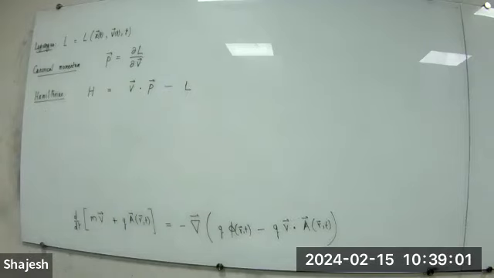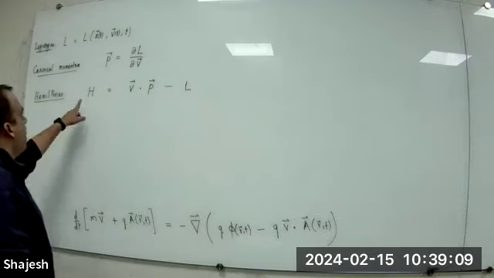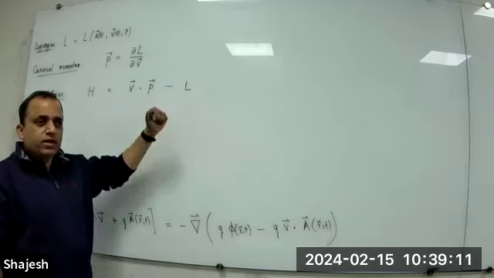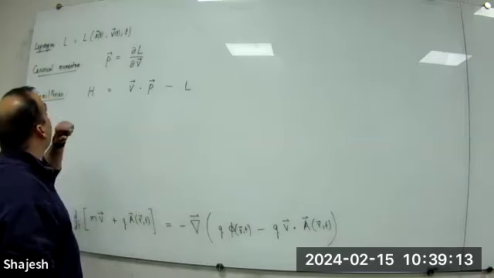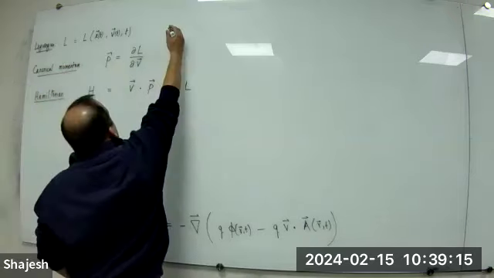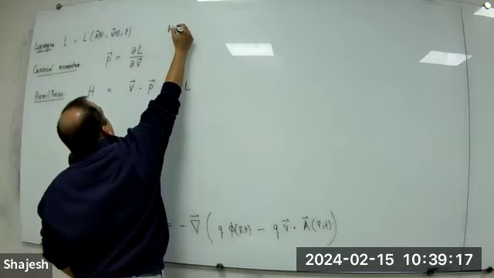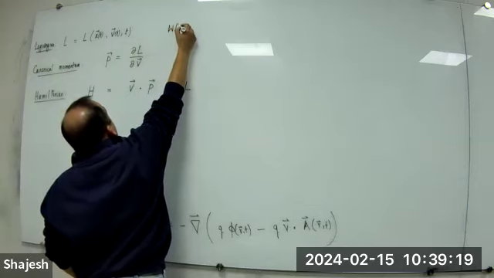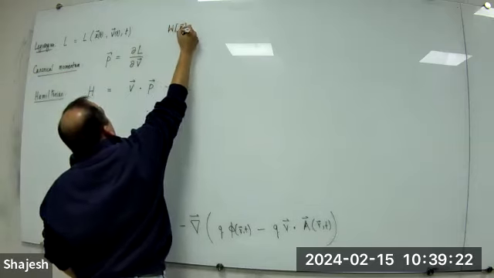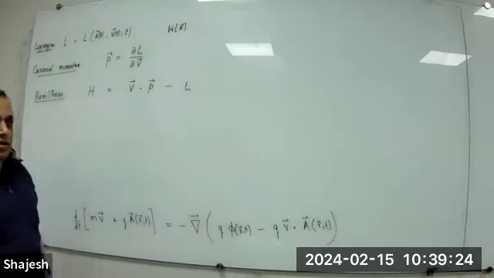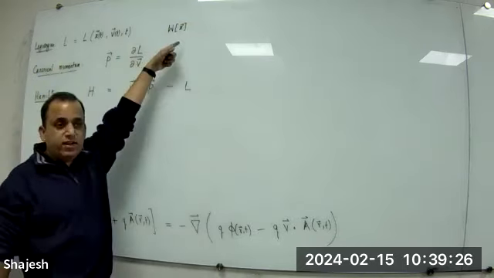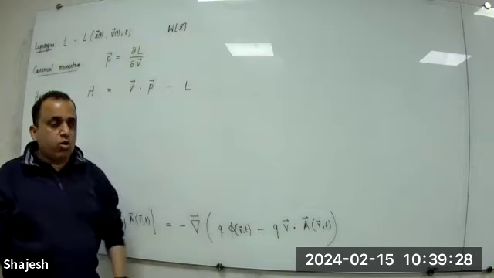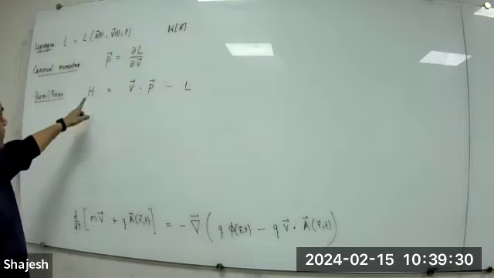This is also called a Legendre transformation. In thermodynamics, you see this a lot, but for our purposes, this is just a definition. Hamiltonian is V times P minus L. Remember, there is an action associated with this, and that depends only on X, correct? Not on velocity.